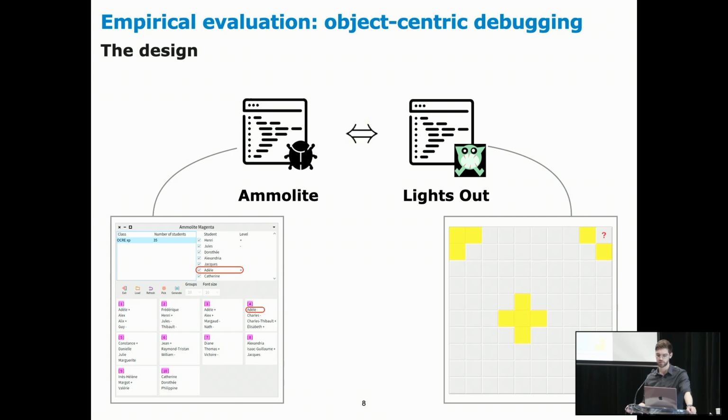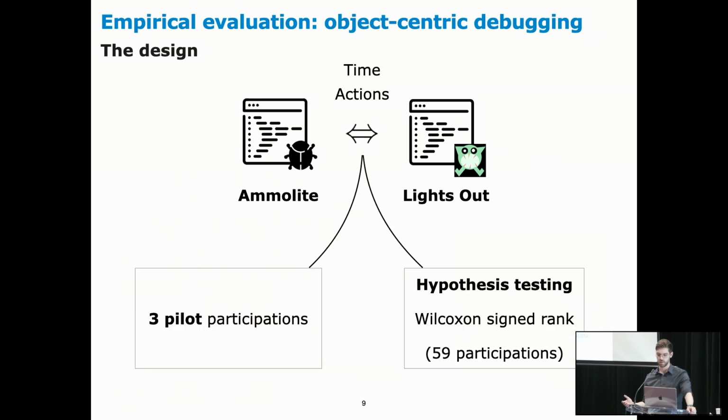We designed our tasks to be equivalent in terms of time to debug and number of actions required to debug the task. To ensure that our tasks are equivalent, before launching the experiment, we conducted 3 participations. And after those participations, we have not been able to say that there is actually a difference between those tasks.